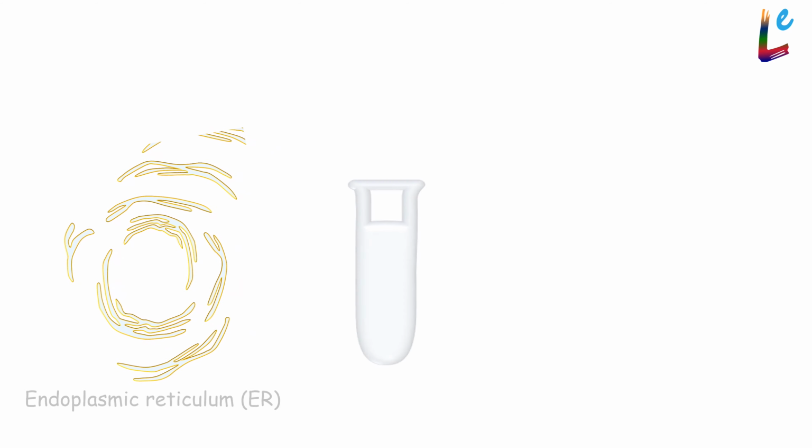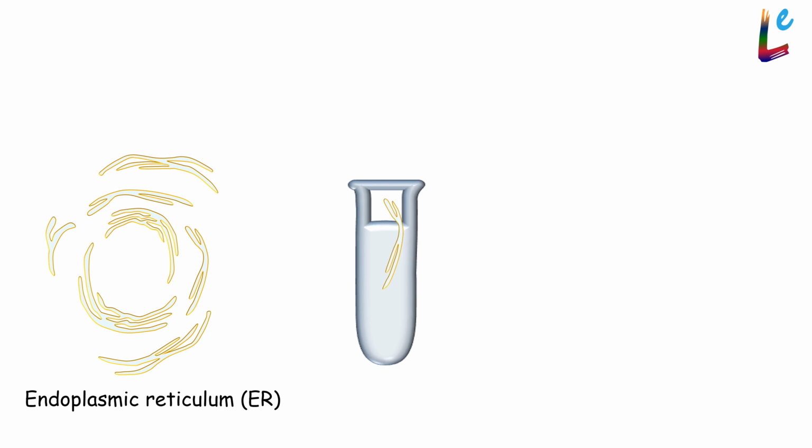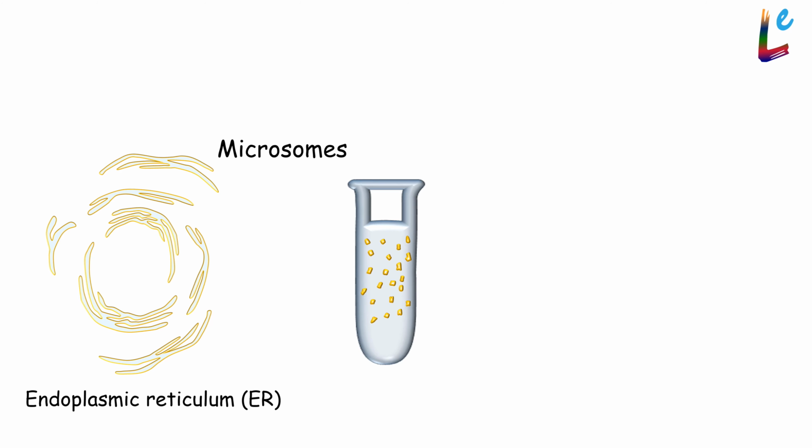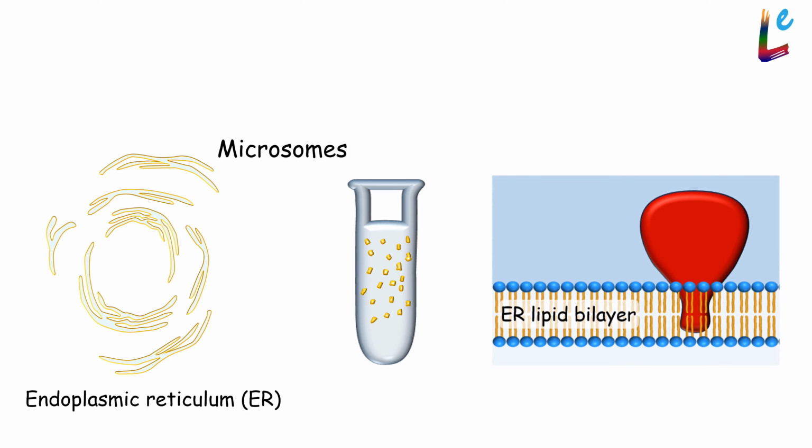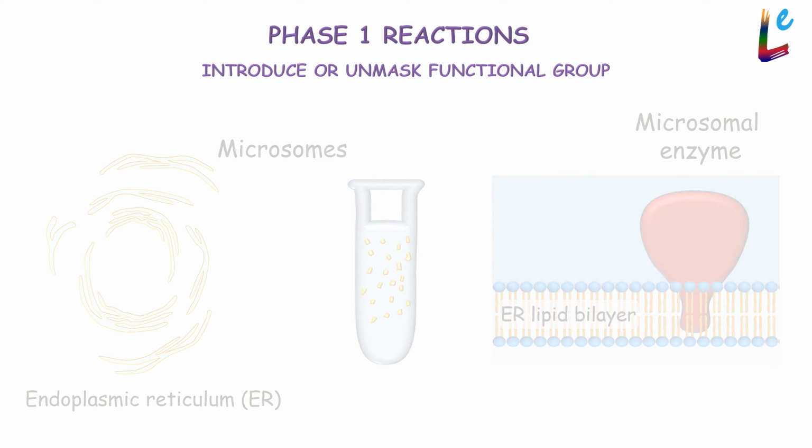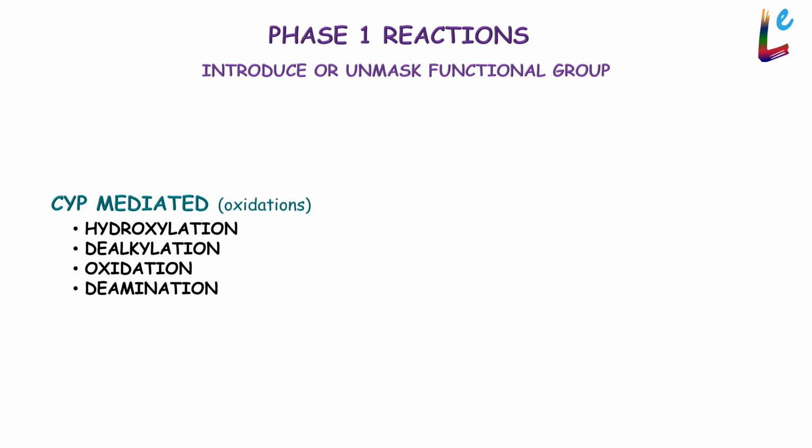The fragments of endoplasmic reticulum, when isolated in the laboratory, form closed vesicles called the microsomes. So, the enzymes embedded within the endoplasmic reticulum are also called microsomal enzymes. A functional group can also be introduced or unmasked without involving the CYPs, that is, in a CYP-independent reaction.